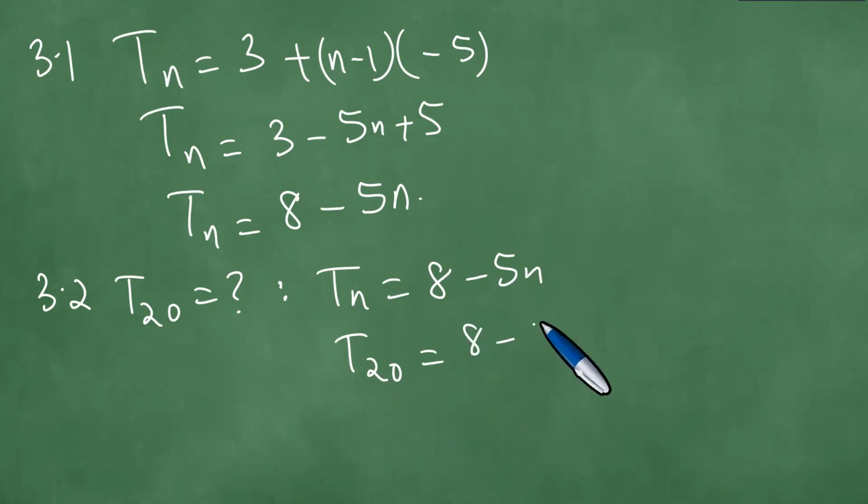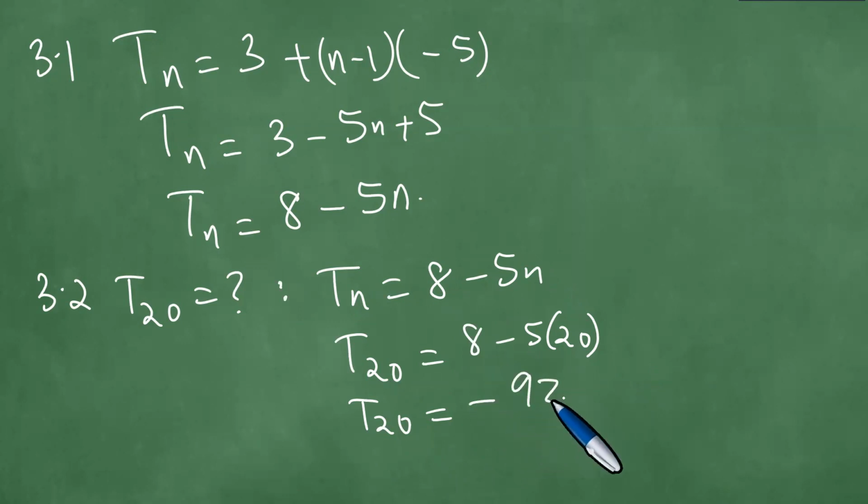It's 8 minus 5 into 20, which is minus 92. So that's what we get.